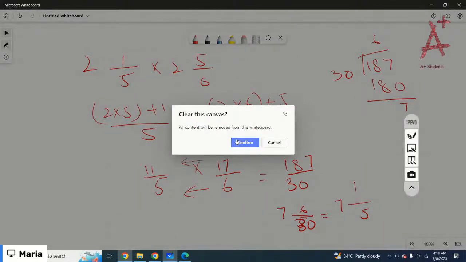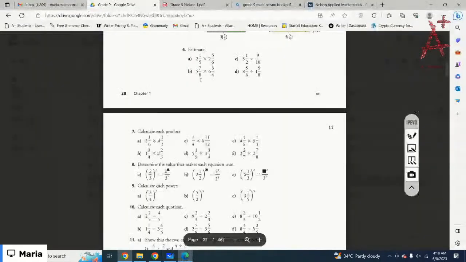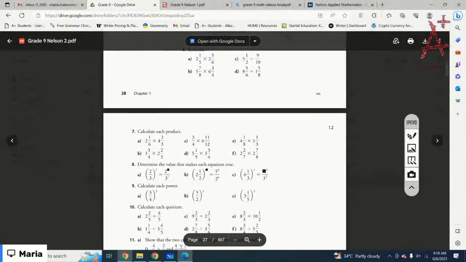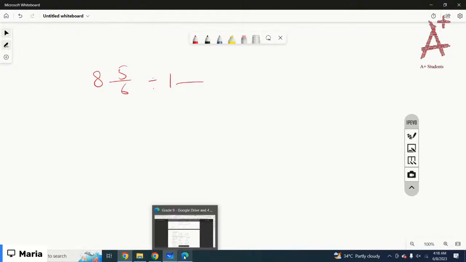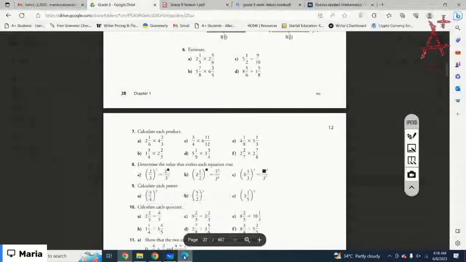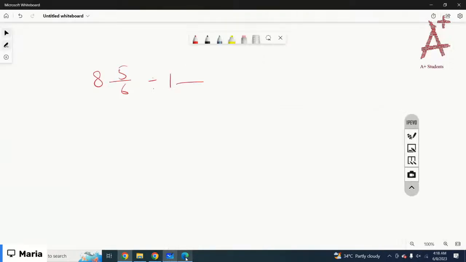Okay. The next one is 8 whole 5 over 6 divided by 1 whole 5 over 8. Okay, let's convert them to improper fractions.